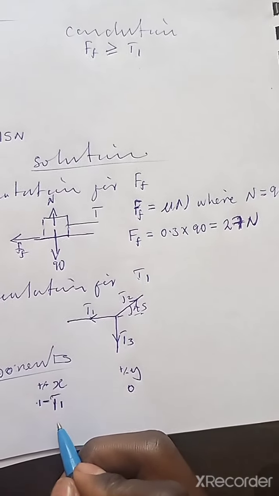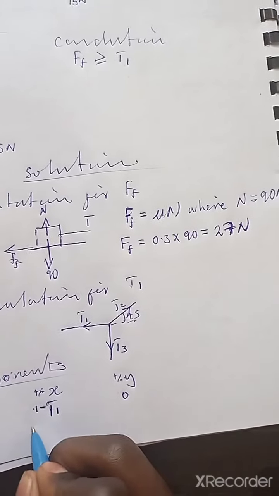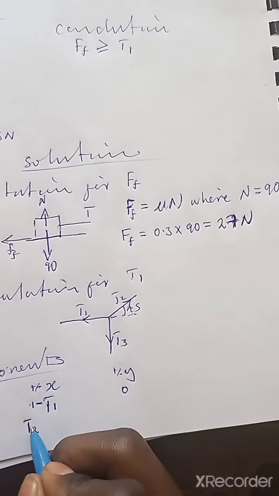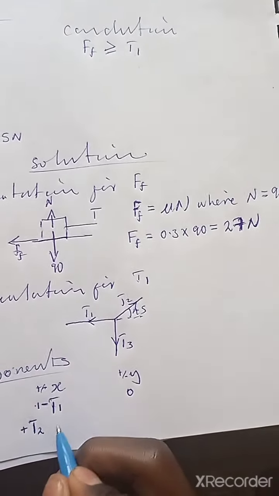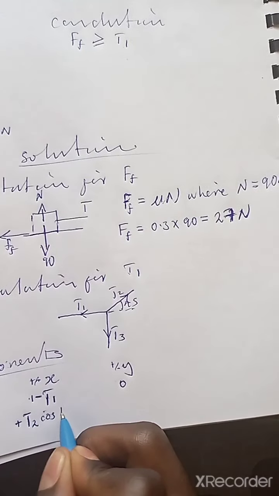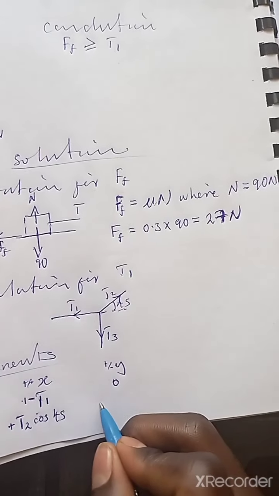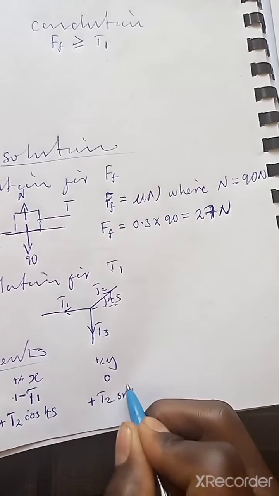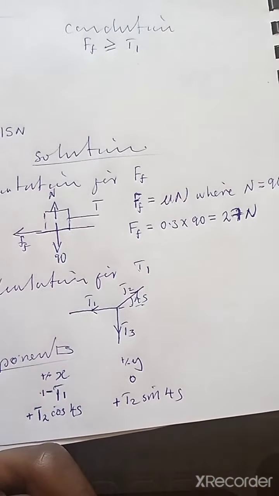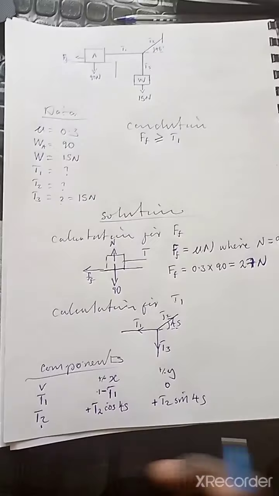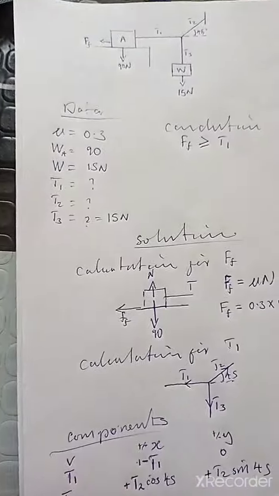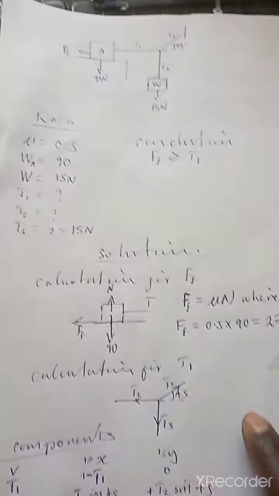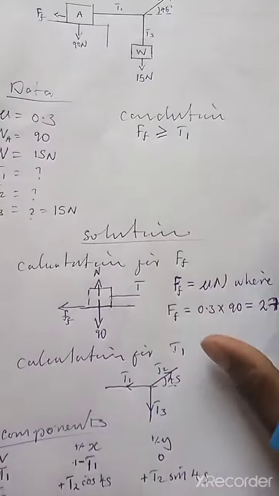Then for T2, we have T2 cos 45, which is positive, and again positive T2 sine 45. Okay, from here, let me write T3 on another page.